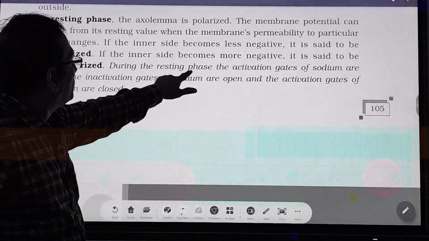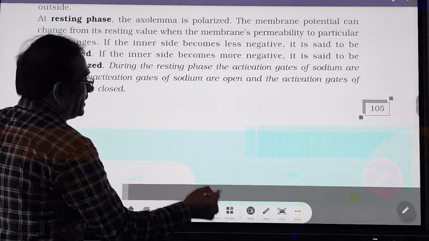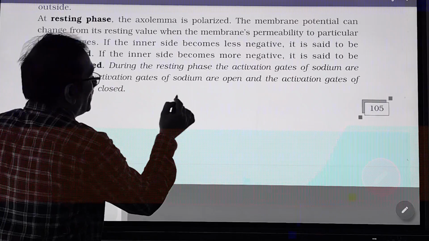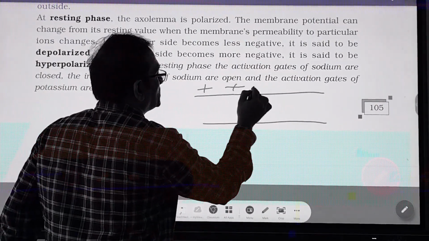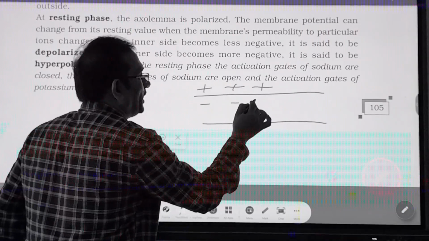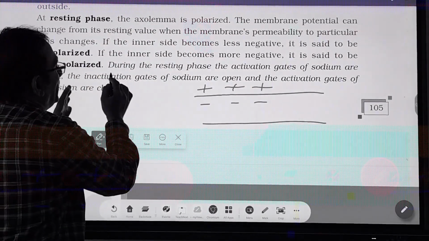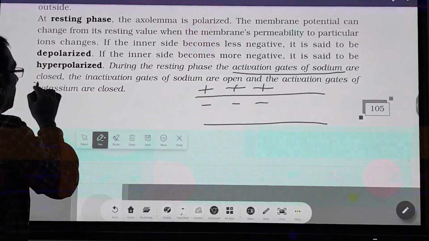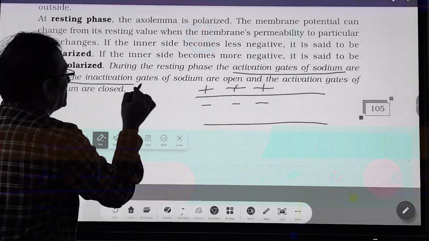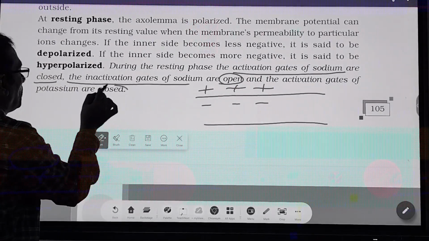So during the resting phase, this is the resting phase, means positive, positive, positive outside, negative, negative, negative inside. In this stage what is happening? The activation gates of sodium are closed, the inactivation gates of sodium are open, and the activation gates of potassium are closed.